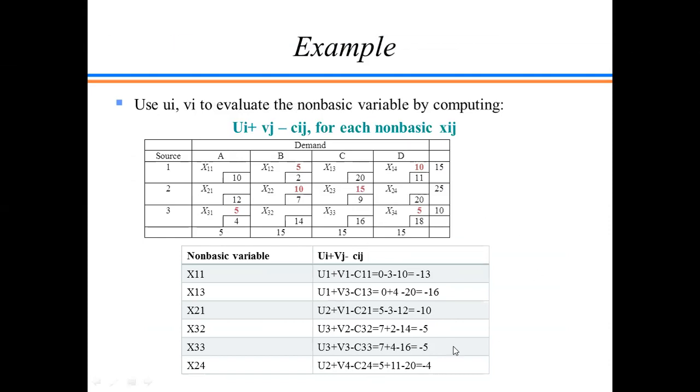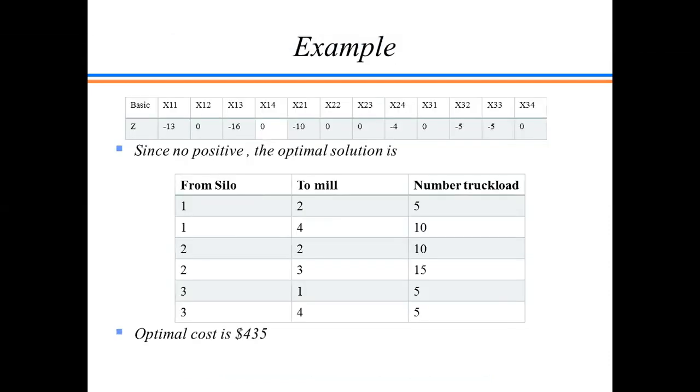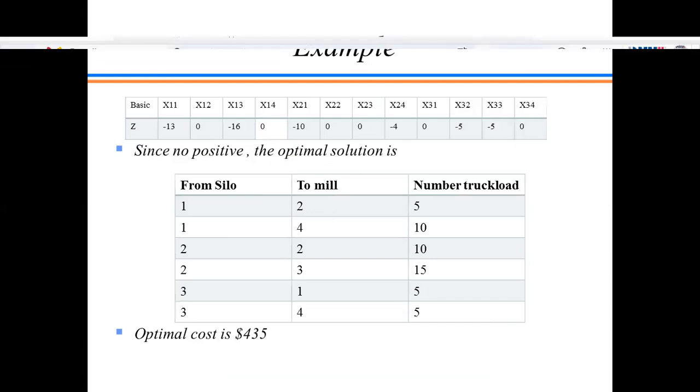Update the calculation and check positive or not. Based on this calculation, no more positive value. That's why the solution here is optimal already. Since no positive, the optimal solution is like this. The optimal cost is 435. So that is the step.